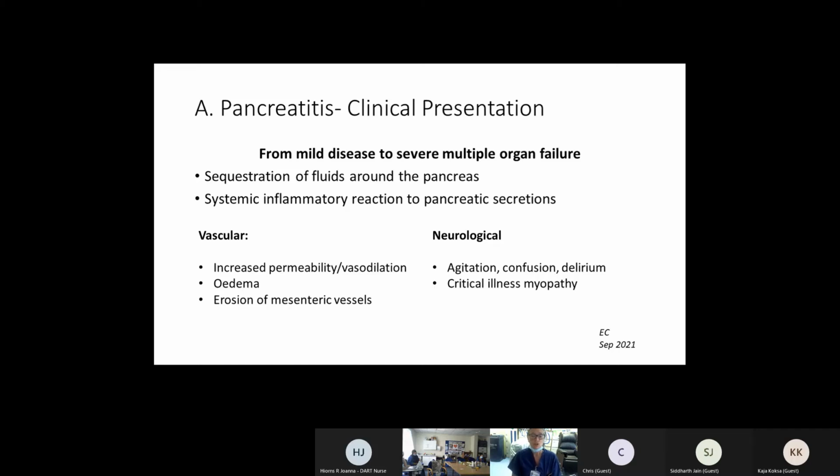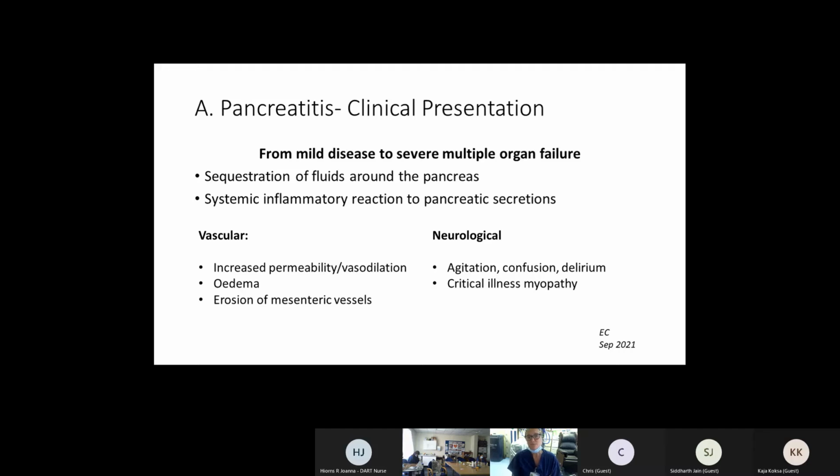We could have vascular features also, again, because of increased permeability and vasodilation with edema, but we can also have erosion of mesenteric vessels or other vessels. And we've had before cataclysmic hemorrhage because of this kind of phenomenon.